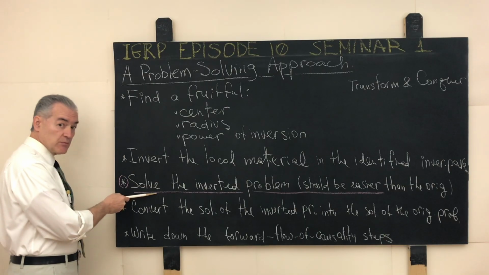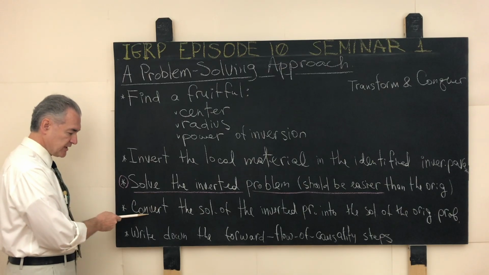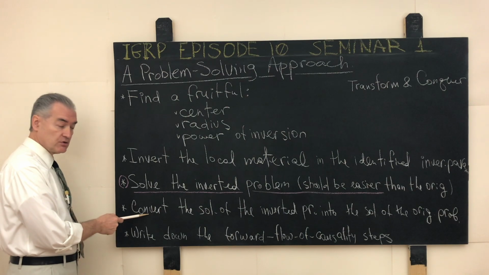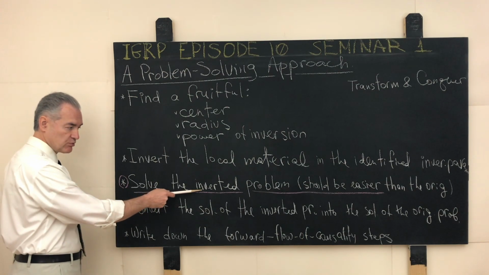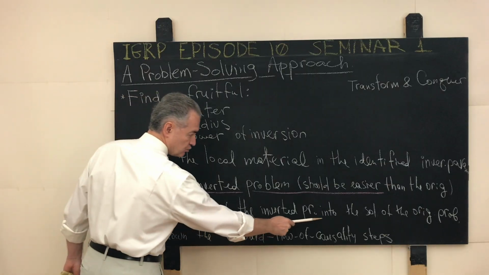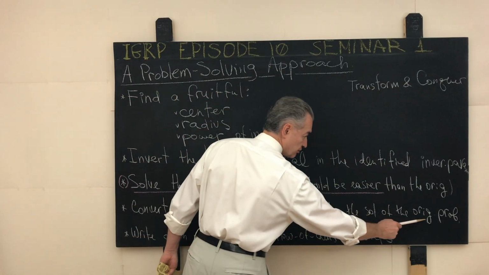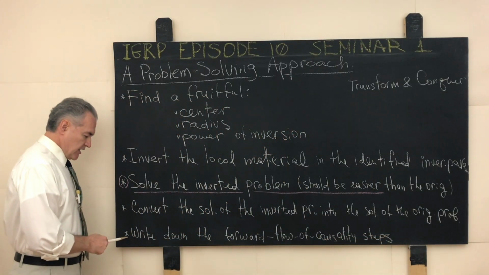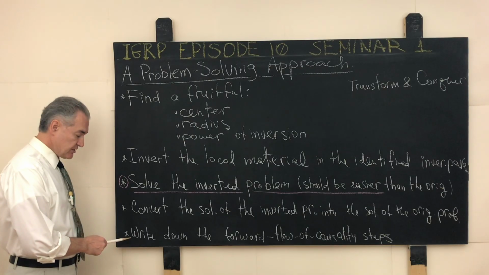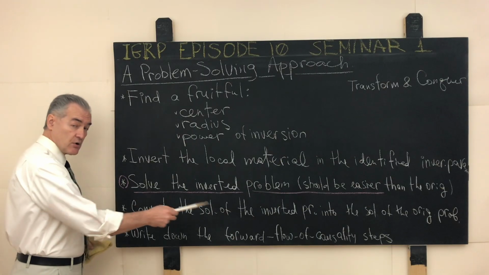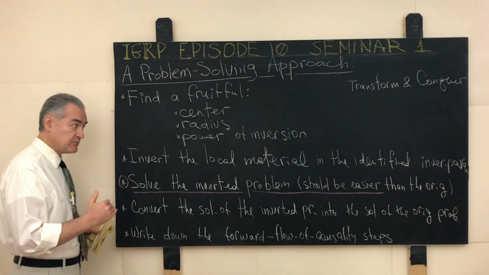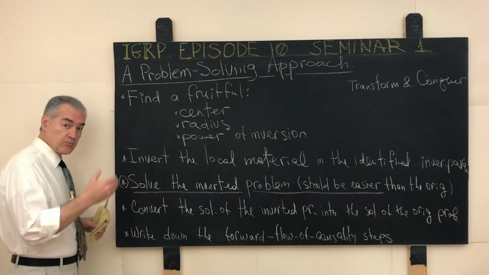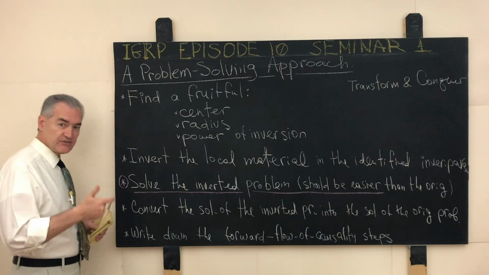Once the inverted problem has been solved, we move on to the next step in our heuristic template. And that step entails the conversion of the solution of the inverted problem into the solution of the original problem. And as the last step in this template, the suggestion is to write down the forward flow of causality solution steps, because usually when we fight with an interesting and challenging problem, that process is very ugly, it's very messy, it's very hectic.